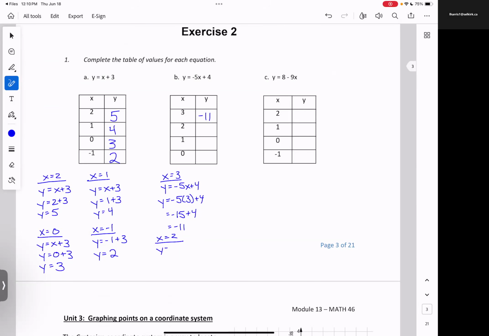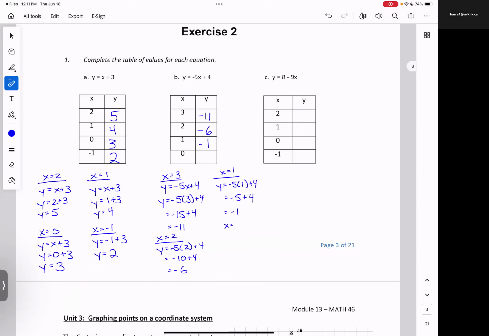So y is going to be negative 5 times 2 plus 4, which is negative 10 plus 4, or negative 6. Okay, x is 1. We would have y is negative 5 times 1 plus 4, which is negative 5 plus 4. Don't forget about your negative there. And that gives you negative 1.